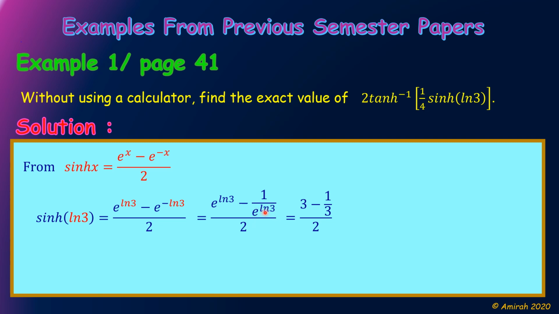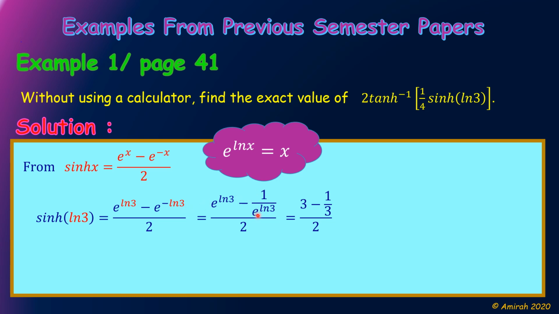Because we want the coefficient of ln to be positive. From this formula, we have e to the power of positive ln x equals x. We can simplify e to the power of ln and then we have x, but we need to be careful, the coefficient of ln should be positive. That's why we need to change e to the power of negative ln x using the properties of indices.